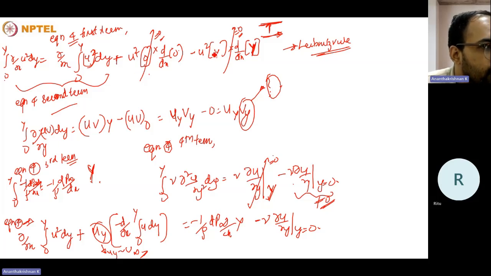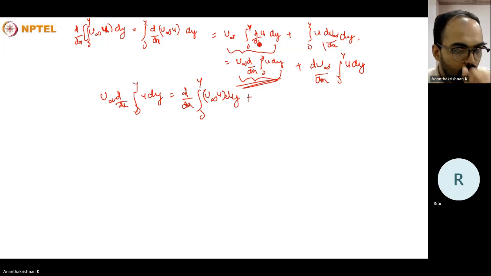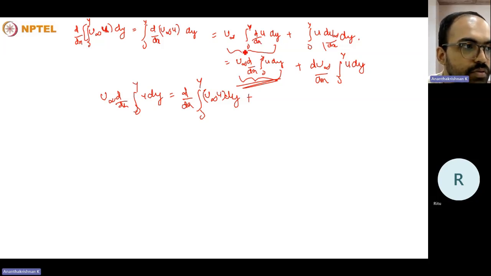In this case, since the integration is from 0 to y, d0 by dx becomes equal to 0. Similarly, y is a constant with respect to x, so dy by dx equals 0. Since we are keeping the bottom and the top of the integration constant, these two terms become 0, and the integral of the derivative equals the derivative of the integral. That's why we could write the integral of the derivative as the derivative of the integral. That's the Leibniz rule.